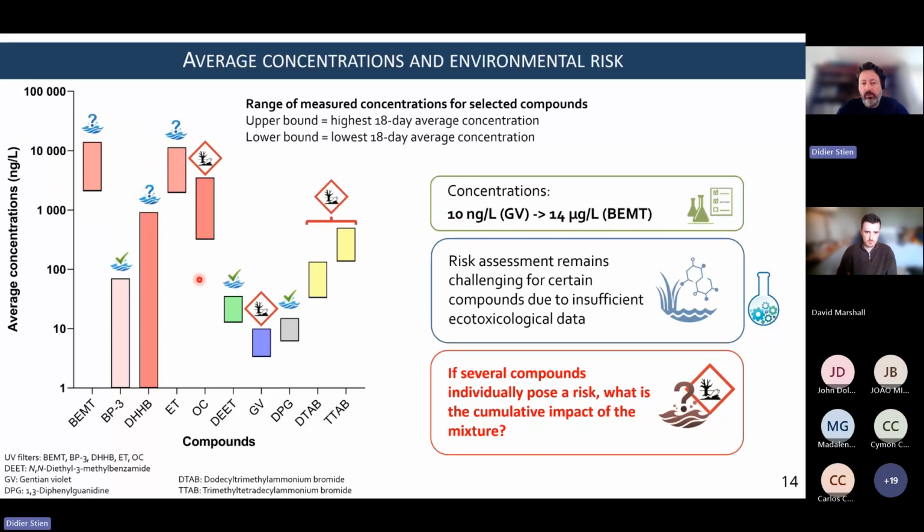If you look at the others, octocrylene at this concentration is toxic for the marine environment. Gentian violet is toxic as well. And the mixture of the 2 quaternary ammonium that I presented before, the one from the washing machines, are toxic to the marine environment. So it's really a problem to have these compounds individually at this concentration in seawater.